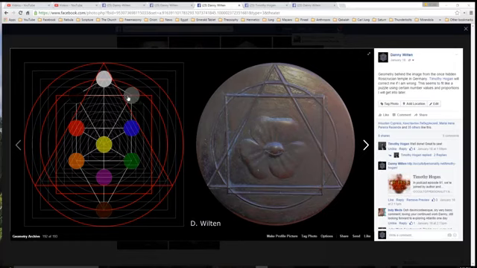But if you'll notice the way that the geometry of the tree of life fits in here, and if you can see that the bottom one here fits on this lower ring, which is what you see right here, and then the top two, which is Binah and Chokmah, they sit right on the bar of this square, and then you have Kether, which fits right in the last part of this upper triangle that you see right here, with its center point, this line right here crossing through this.